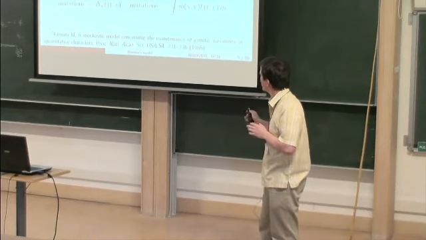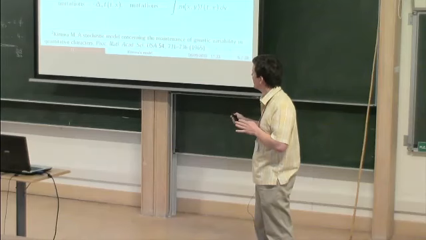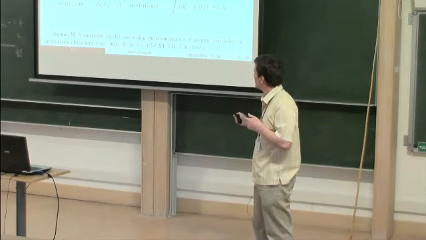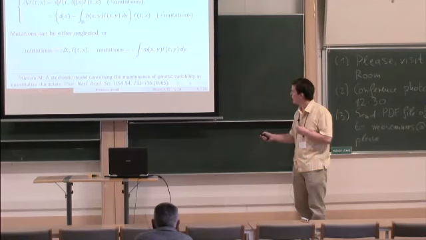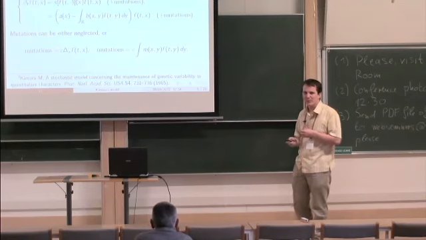So in this talk, I will either neglect mutation, which appears not to be so bad if you consider an initial population which is strictly positive, or I will consider diffusion. I will model mutations through diffusion or through a non-local term. All right.